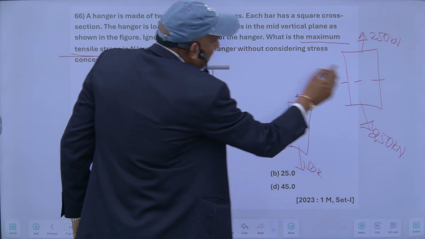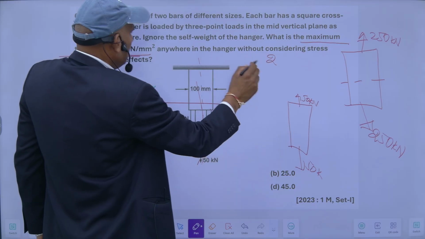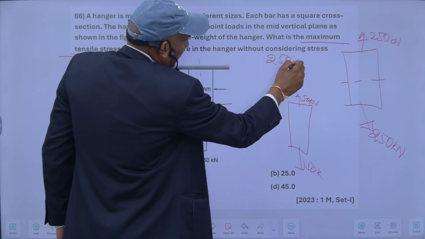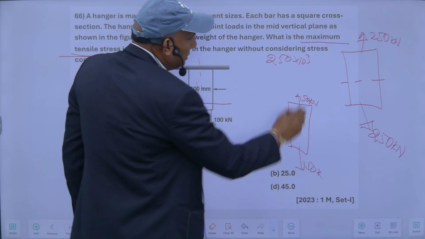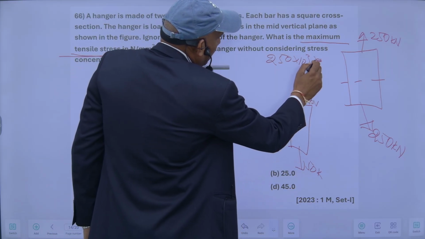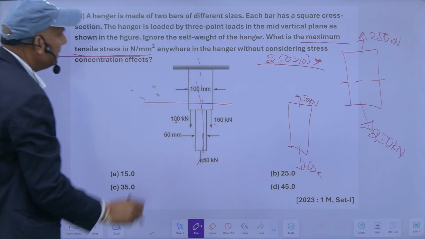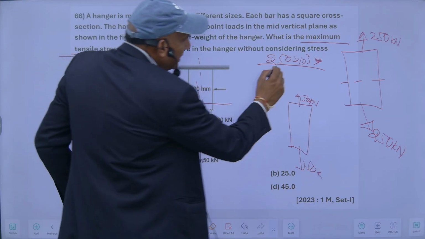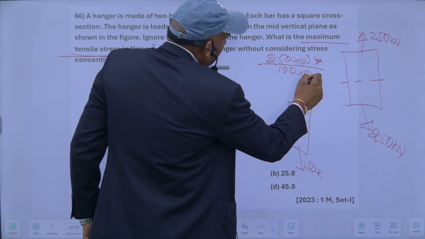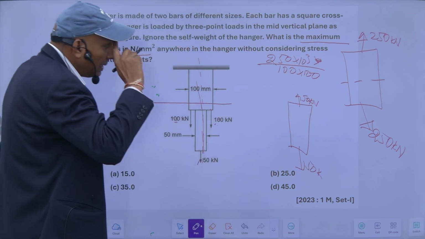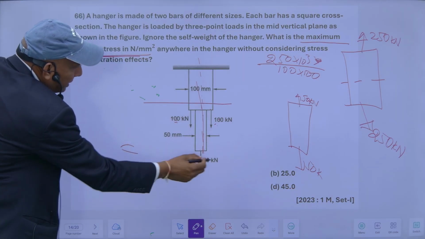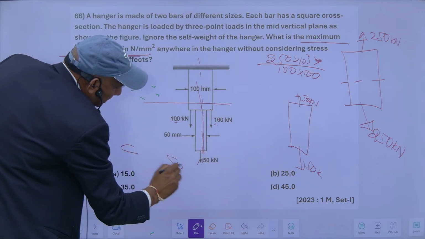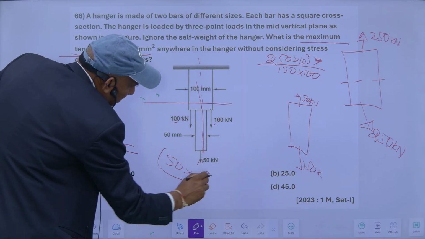So stress in this portion will be equal to load upon area. 250 into 10 raised to the power 3 is in Newton, divided by its area. This is square cross section. So this will be 100 into 100. So this will be stress in part 1. And stress in this part will be 50 into 10 raised to the power 3 in Newton divided by area.